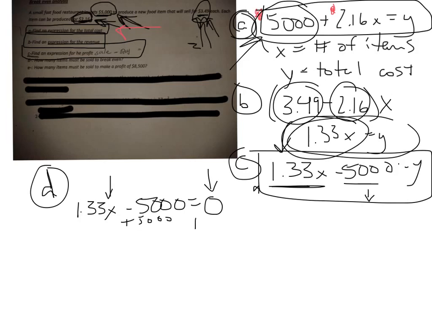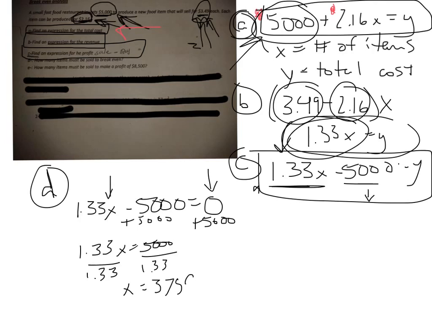Add 5,000 to both sides, and that would be 133x equals 5,000. And the opposite of 133 times x is divide by 133. So our x equals, and I believe it's 3,759.4 to round it, and you can't really sell 0.4 of an item.